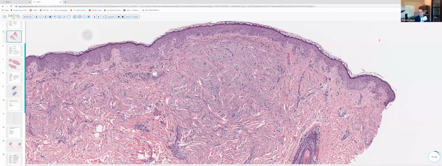Now, I think the one pitfall with this is that at first blush, a lot of people will think of granuloma annulare because the cells within the dermis are distributed in a very similar fashion. But in granuloma annulare, one has epithelioid histiocytes rather than spindle cell fibroblasts.